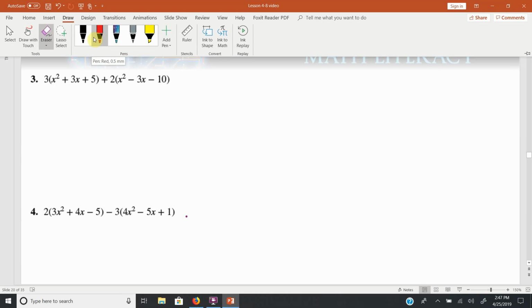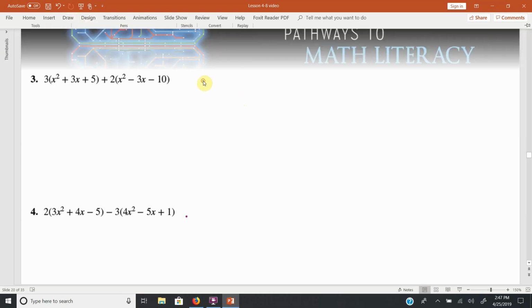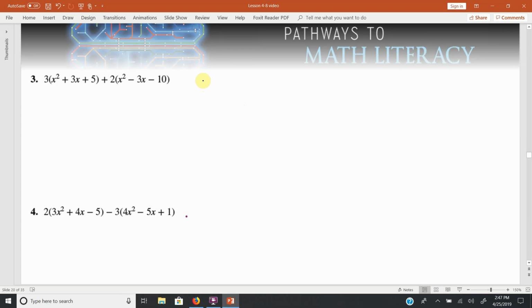Okay, now that you have looked at question number 3, question number 3 is different. We've done problems like this: 5 times 3 plus 2. According to the PEMDAS, that's actually 5 times 5 because we add first.